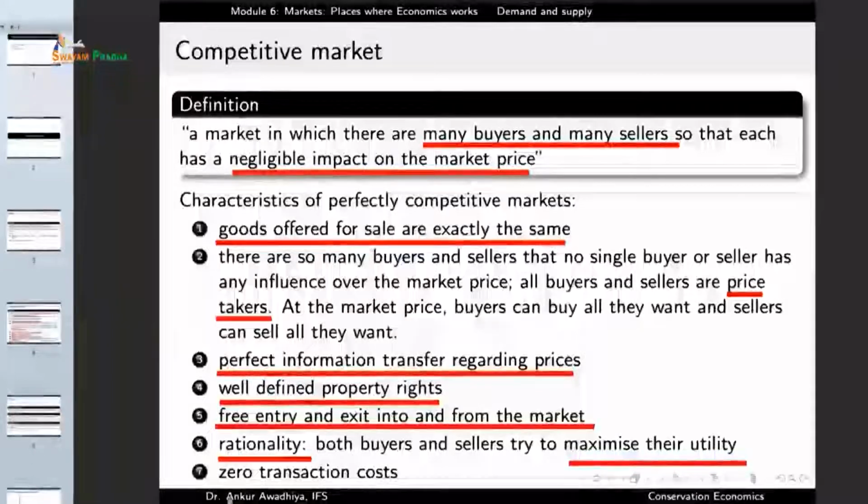And then there are zero transaction costs, which means that if the market is large in size, I, as a buyer, should not have a thought that, oh, that seller is selling at a great distance, how am I going to go to that place? So it says that there are zero transaction costs. There is no cost for a buyer to move from one seller to another seller.